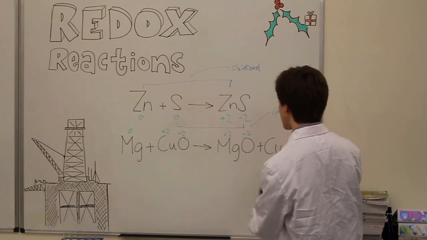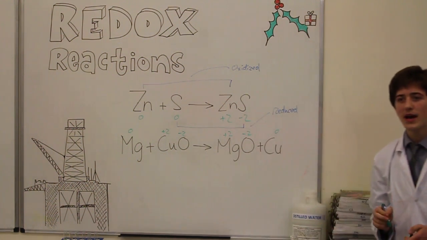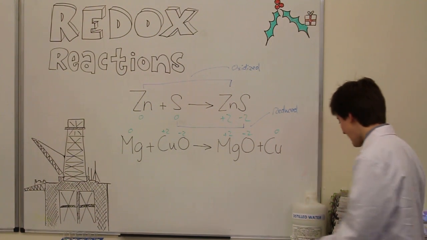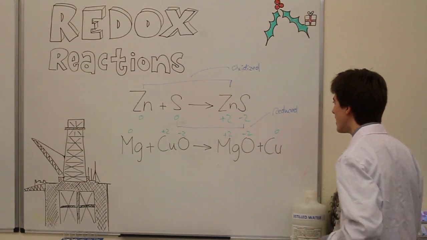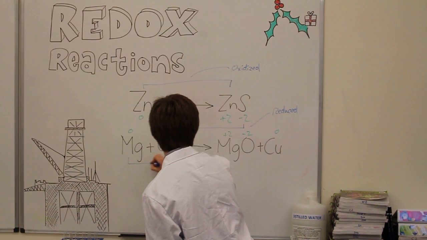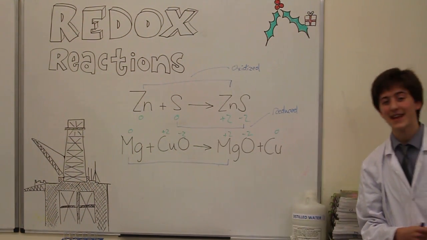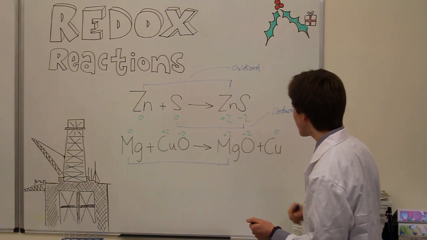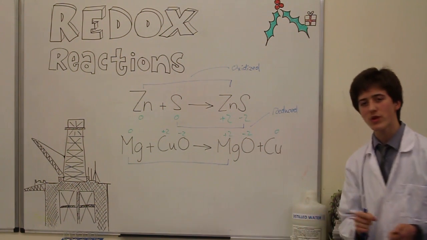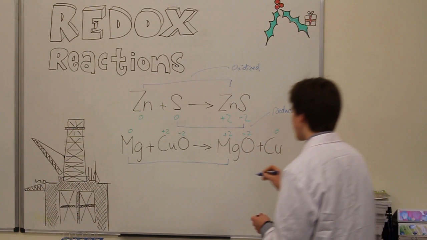And the copper will have changed to be 0 because it is now an element. So again, we can see how these change across the reaction. So we can see that magnesium is going from 0 to 2+. It is hence losing 2 electrons. Therefore, from OIL RIG, we can see that oxidation is loss, so it is being oxidized.